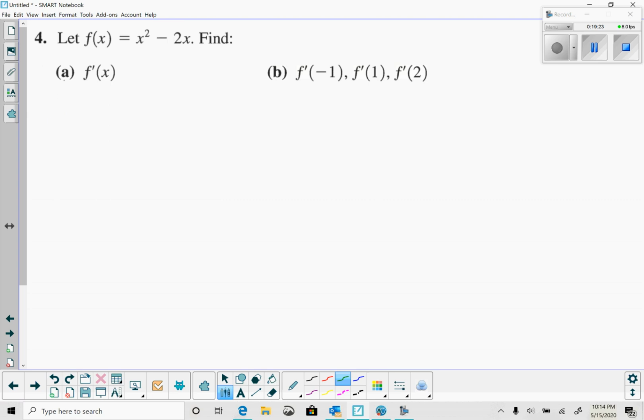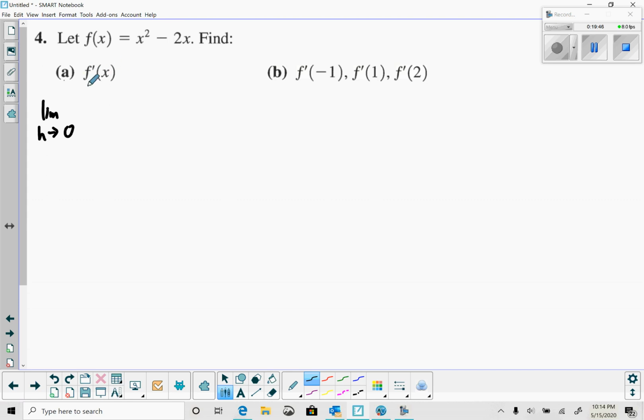So I'm going to try and find the limit as h approaches 0. But hopefully you've caught on. Again, there's a couple of different ways here.